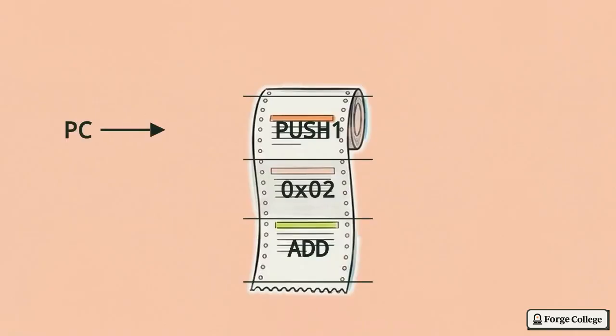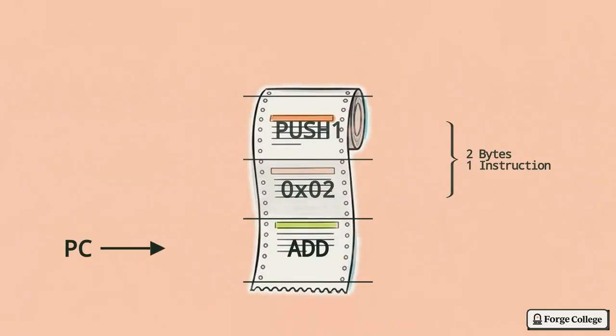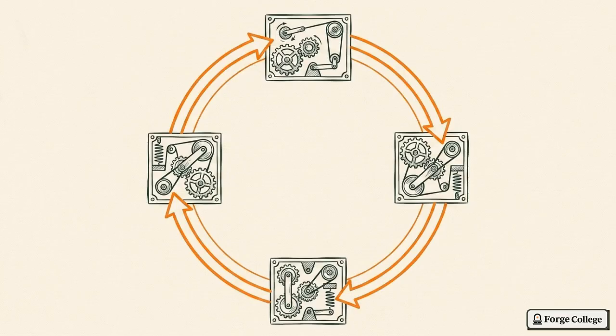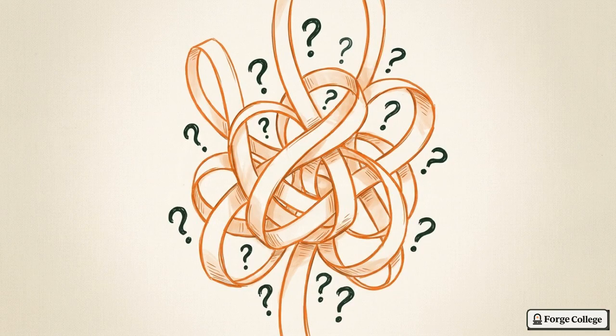Step 4 is advance. The instruction is complete, so the tracking pointer clicks down to the very next line on the tape, ready to start over. Every Web3 application, even the most advanced ones, runs on this exact fetch, decode, execute, advance cycle, repeating millions of times. But here we have a complication.